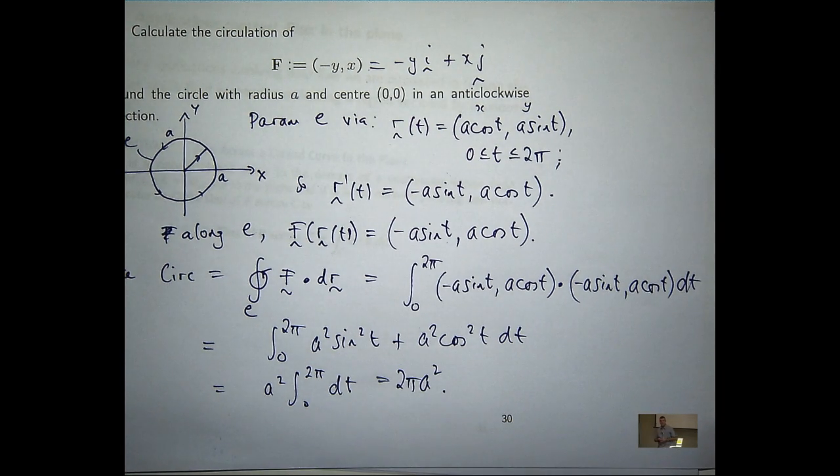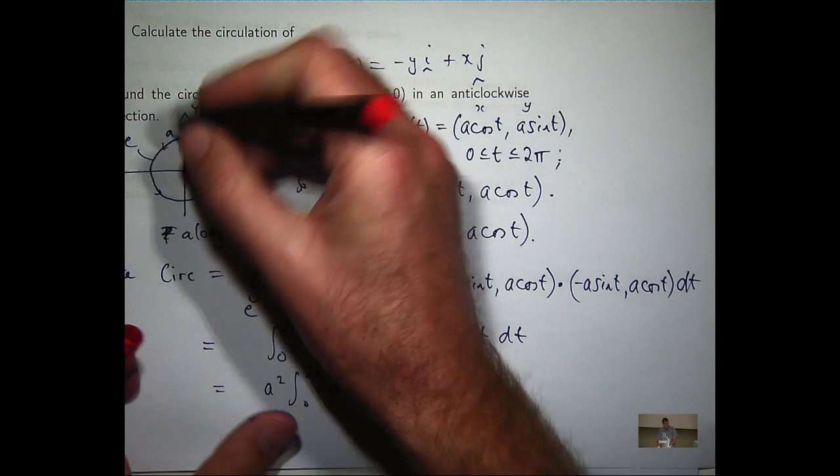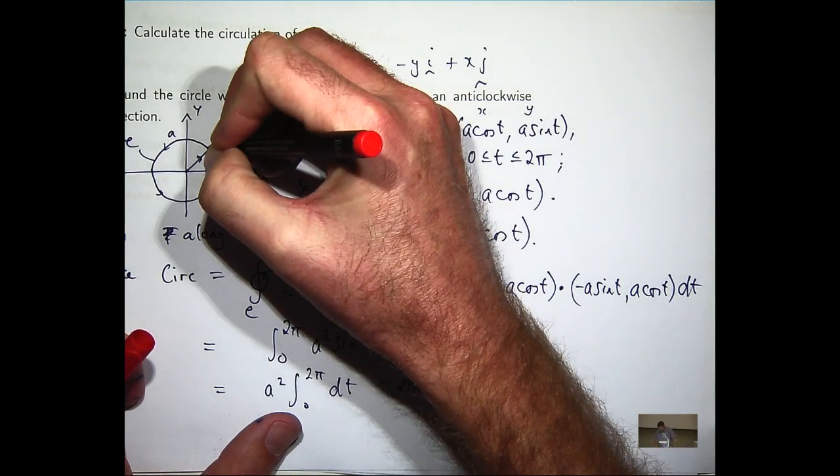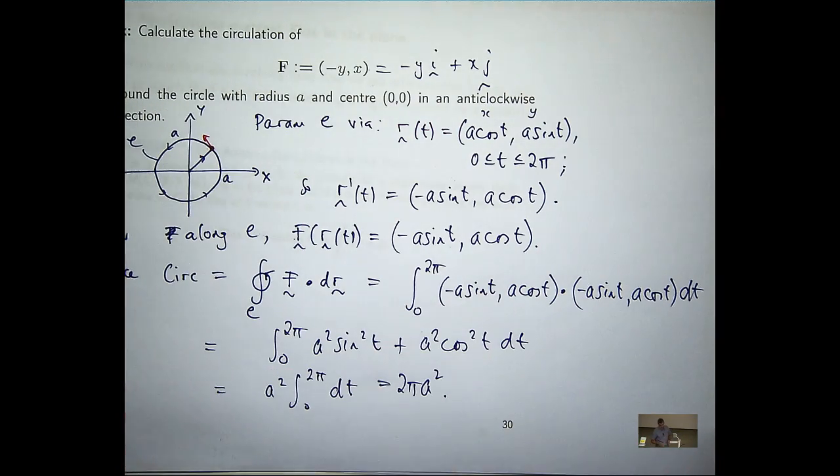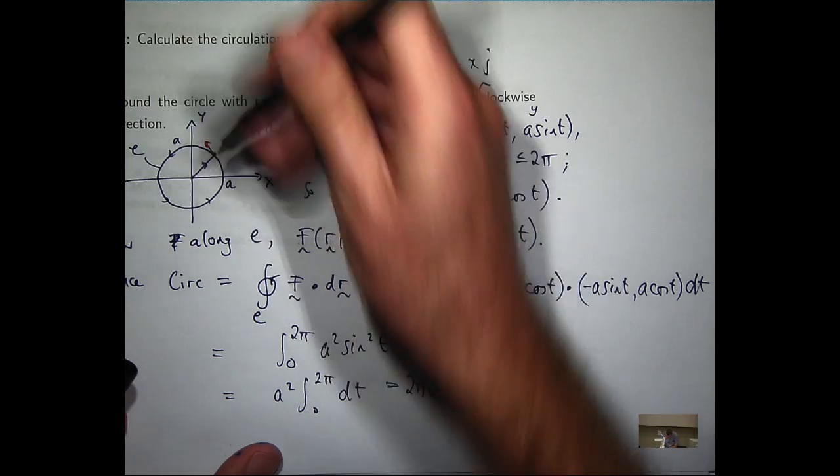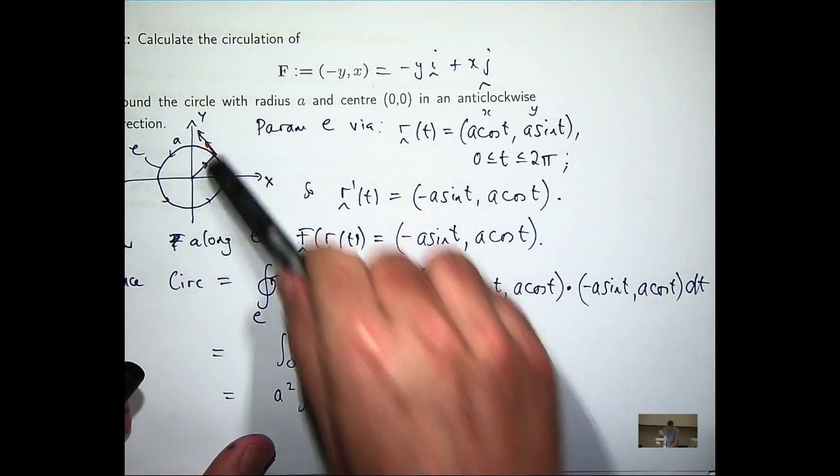Now, what does it mean? Well, the larger the number, the stronger the alignment between F and the curve C. How do we measure that alignment? Well, we can graphically illustrate it. Here's my R vector, my position vector, there's my unit tangent vector, and if you draw F in at, say, any point, it's actually going to lie along the tangent vector.